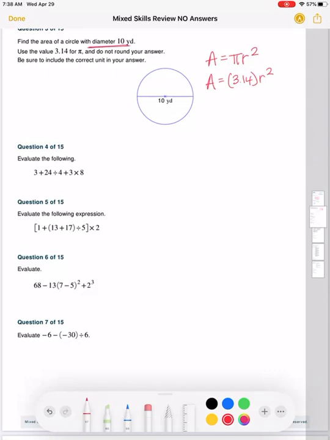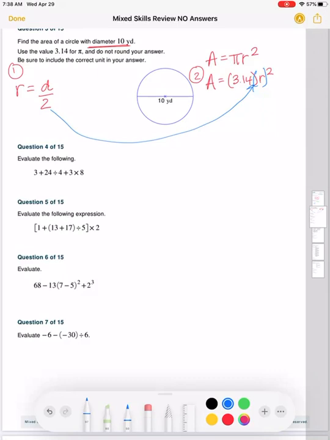We are given diameter. Radius equals diameter divided by 2. So step 1 is find your radius. Step 2 is going to be plug in, I'm going to change my color here, plug in that answer over here and get the area of your circle.